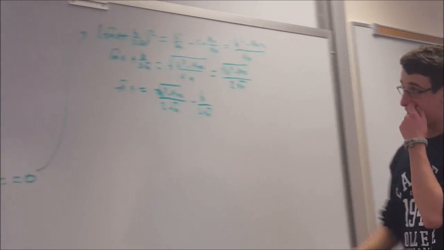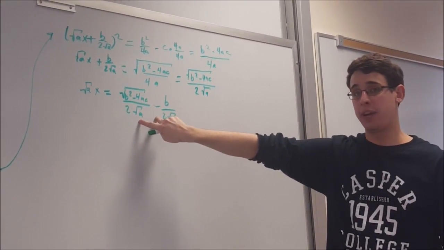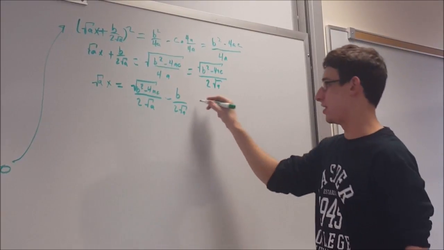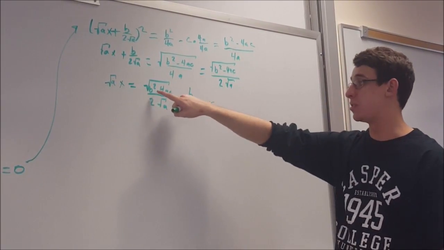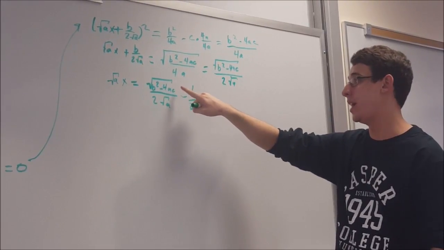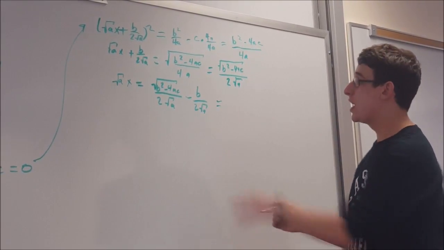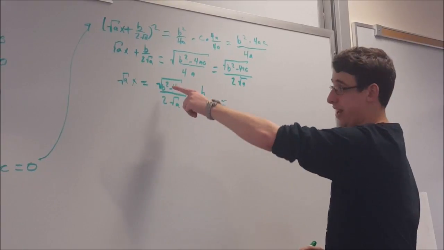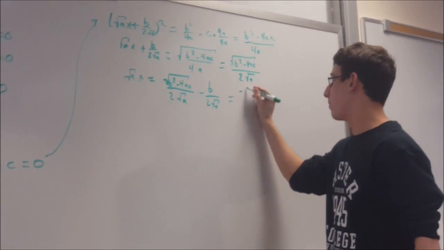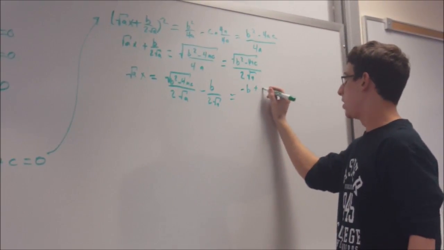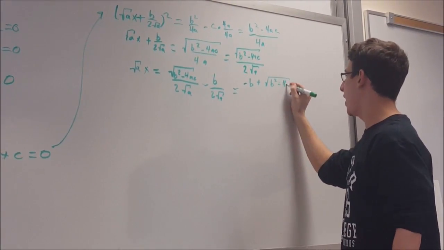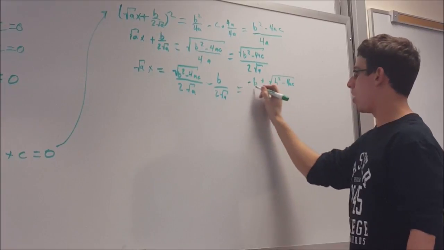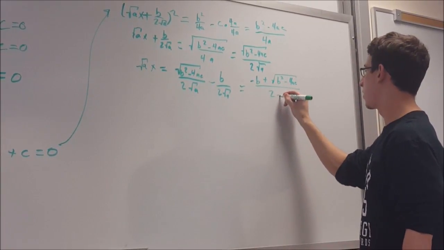Because these both have the same denominator, we can just combine the numerators. By the commutative property of addition, since this is actually square root b squared minus 4ac plus a minus b, we can move the minus b to the left and add this to it. So that'll give us minus b plus the square root of b squared minus 4ac divided by 2 square root a.